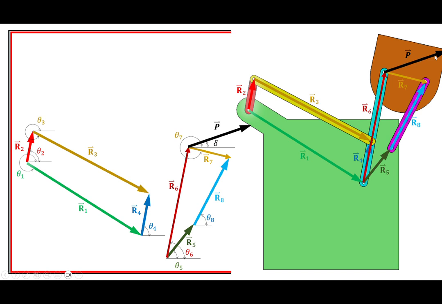And for this point up here, this point of interest, I had that vector as P. I think I have labeled its length like AP or something like that. And then this delta is the angle from horizontal, and that gets added to theta 7 to establish where that location is.